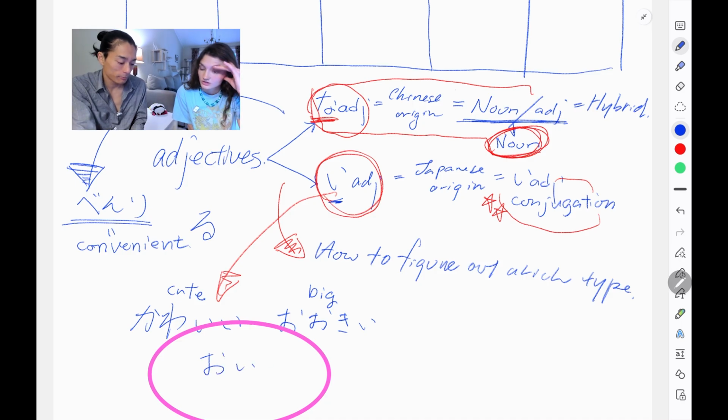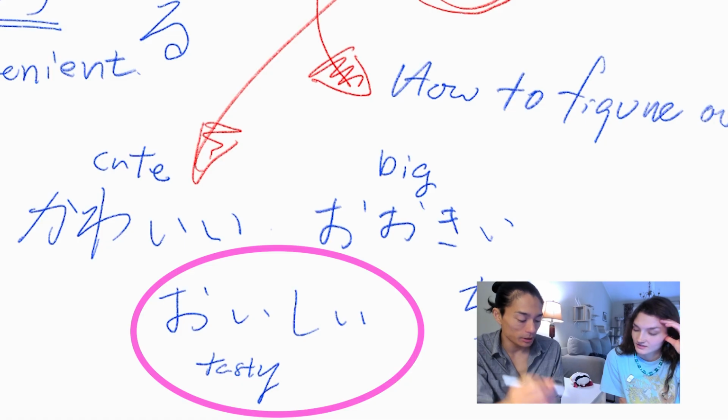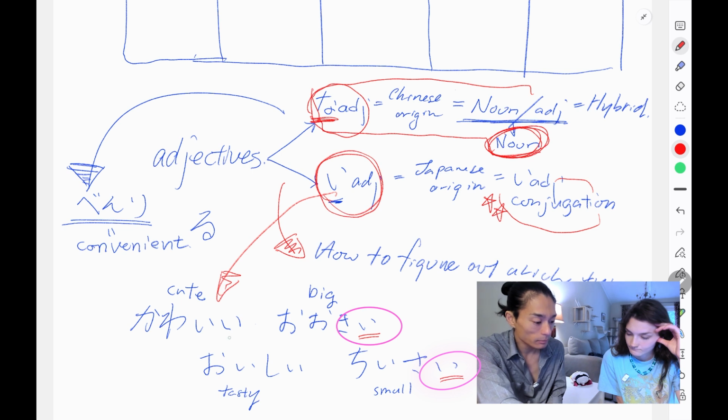It's a really popular word. You use that at a restaurant. Tasty, delicious, oishii. These are some of the i-adjectives. Do you see any pattern? Yeah, the ending. All the i-adjectives end with i.